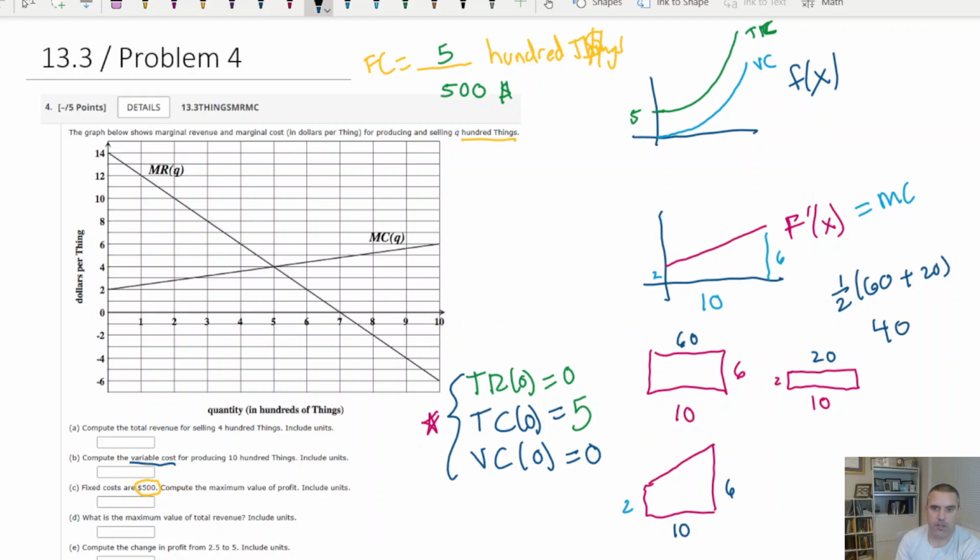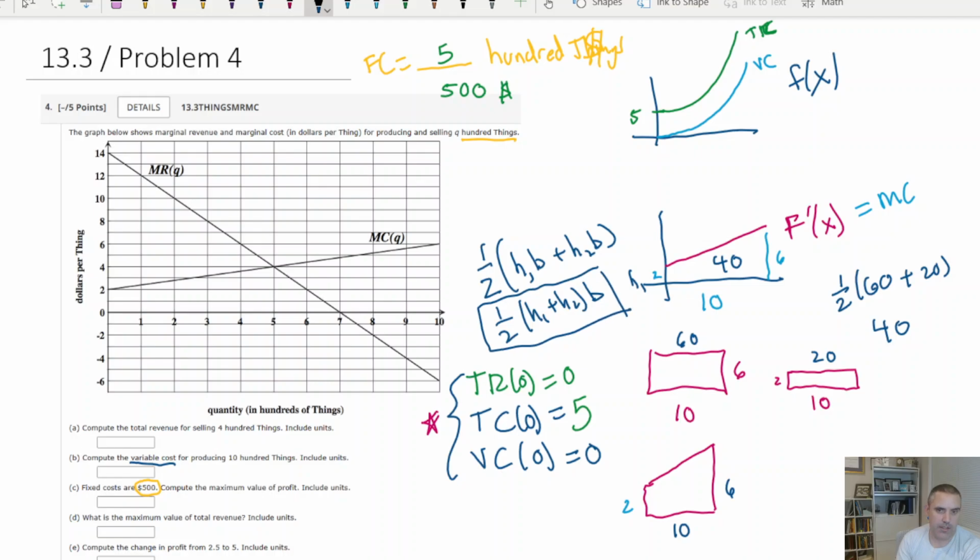So that's the area of this. Now, the formula is 1/2 times the first height, sometimes we call this height 1, times the base, plus height 2 times the base. But most times when you look it up in a book, the base is factored out. So it's 1/2 times height 1 plus height 2, times the base. If you want to use that in this problem to help you, that's good.